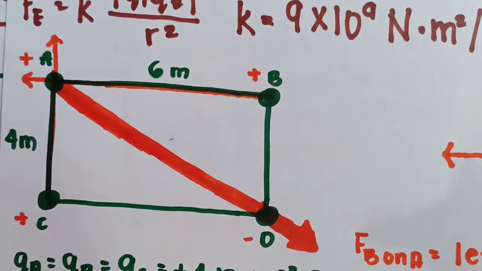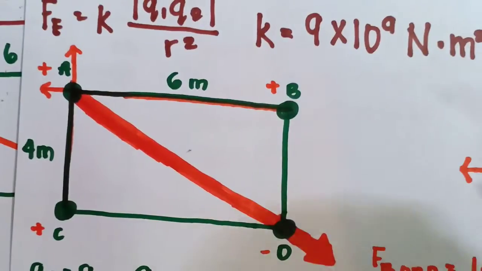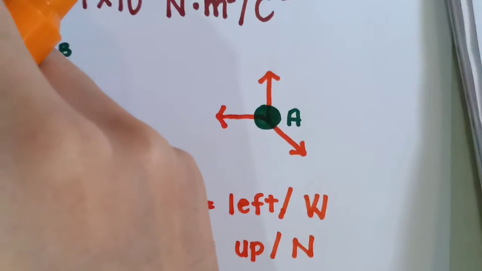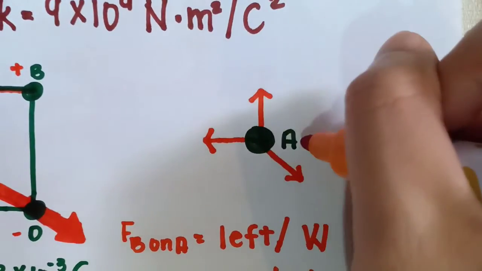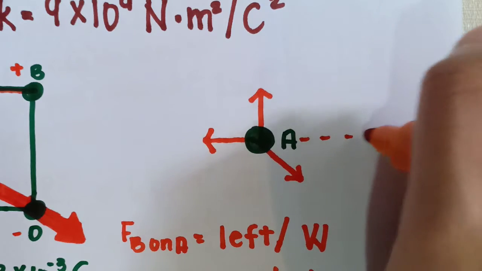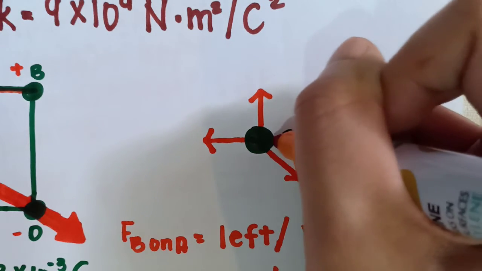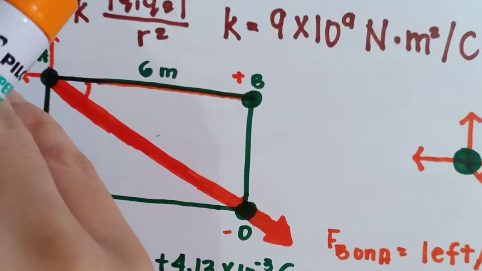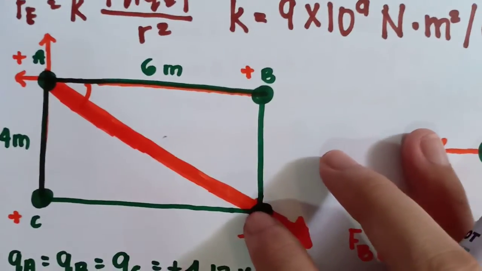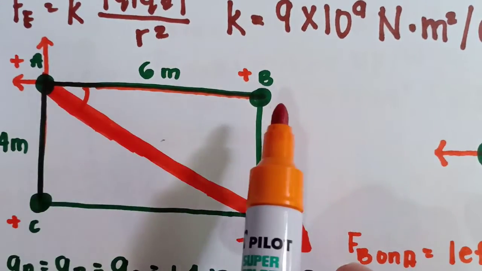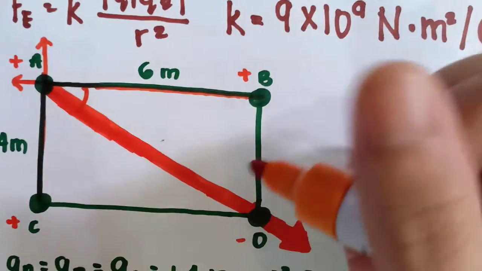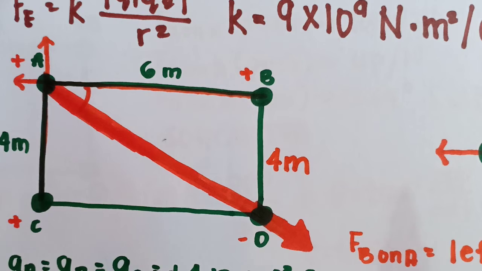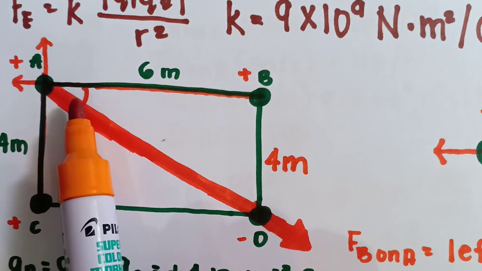Now let's go back to our diagram. What we're trying to look for here is the angle, this angle, south of east. It's the same as this one, with the broken lines. If we look back, we have 6 meters, and then 4 meters. For us to find the angle here, we can use SOHCAHTOA.